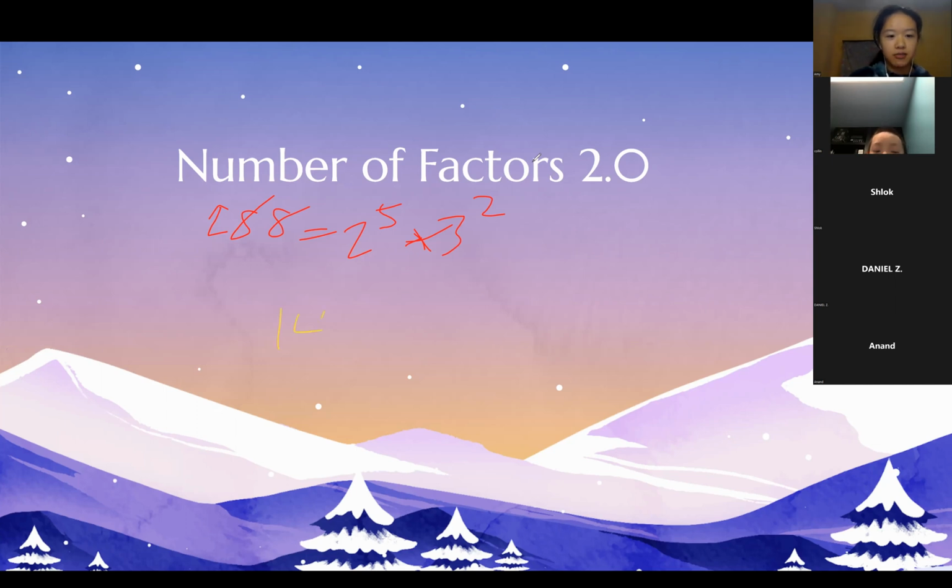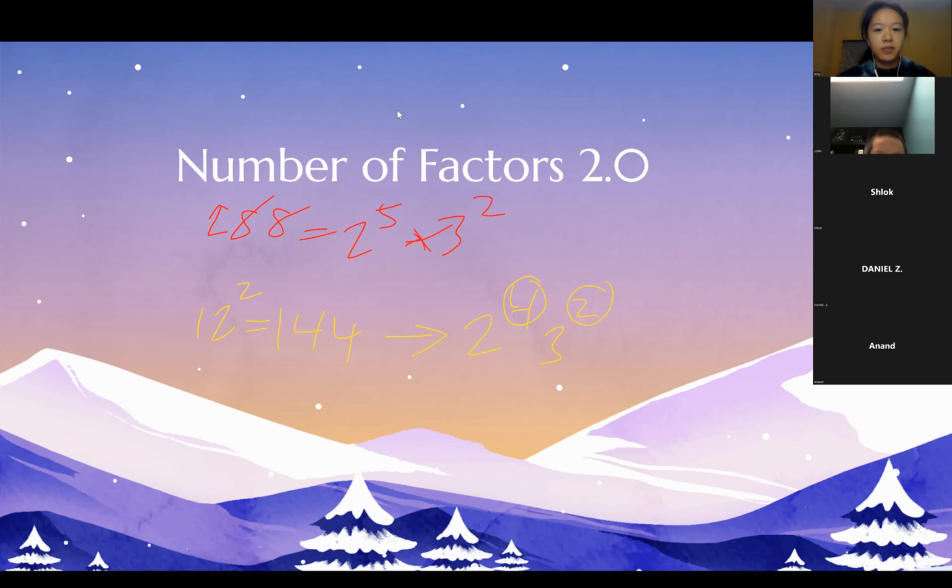For example, 144 is a perfect square because it's 12 squared, and its prime factorization is 2 to the 4th times 3 squared. Notice that all of these exponents are even.